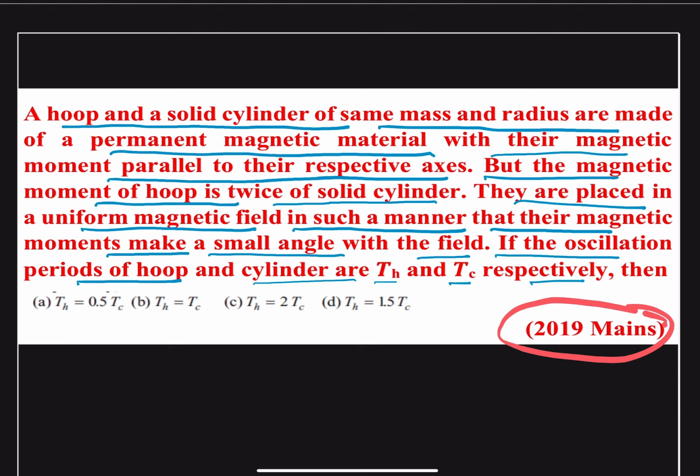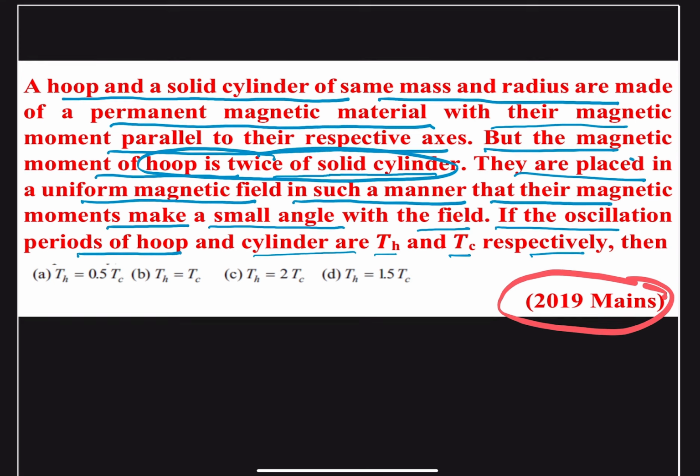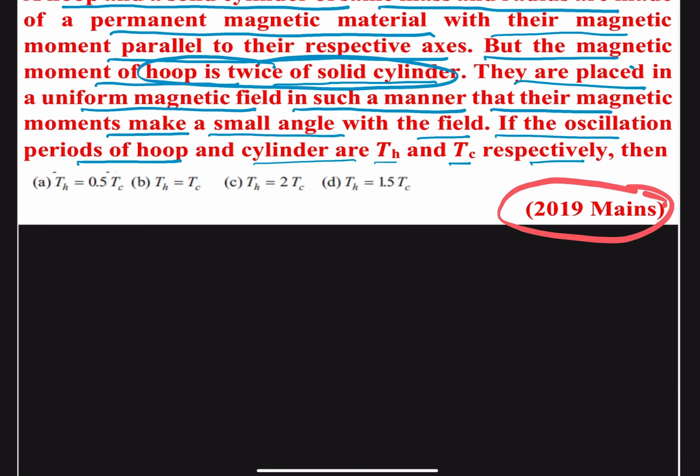their respective time periods. And here it is given that magnetic moment of the hoop is twice that of the cylinder, and the mass as well as radius of hoop as well as cylinder is same.